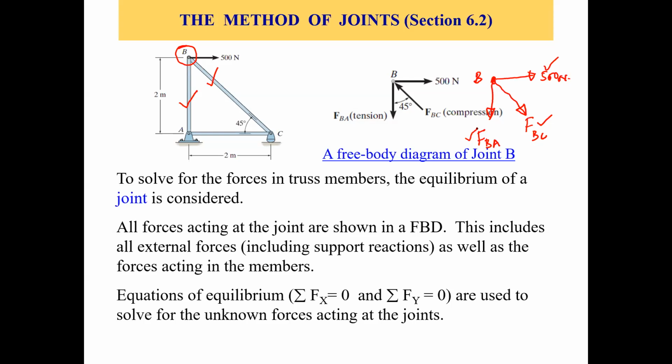Okay. So that's how we do the free body diagram, and then we just apply equations of equilibrium, sigma Fx and sigma Fy, to find out the unknown member forces, right? But if you look here in this case, the diagram which is already there, they have taken this FBC as compression, right? Because just by visualizing that tensile forces are applied at joint B, there will be a compression in member BC, right?